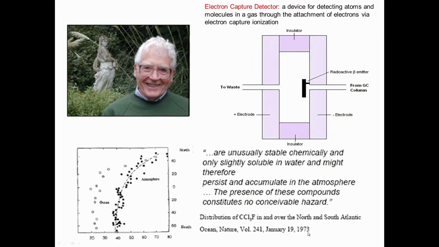And this was just in 1973, when Jim Lovelock measured these compounds in the ocean and the atmosphere using his newly invented detector. And in 1974, the conceivable hazard was discovered. So it only lasted for 1 year before it was found that these were really, really dangerous.